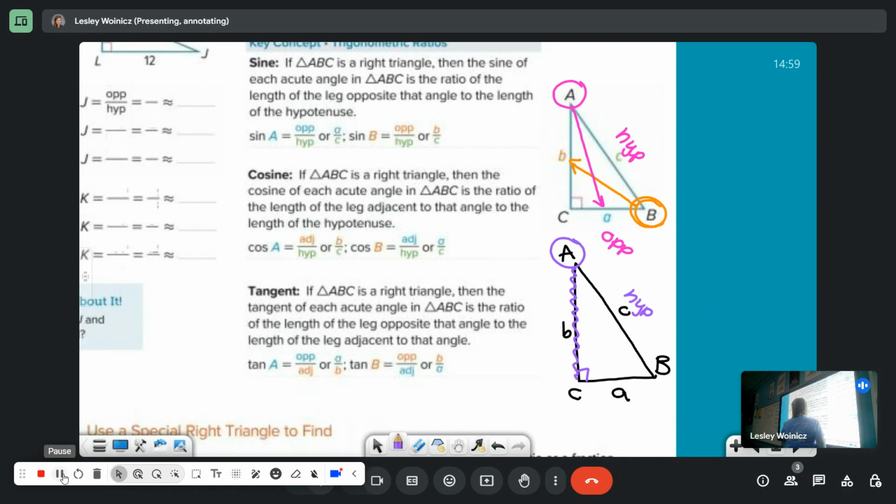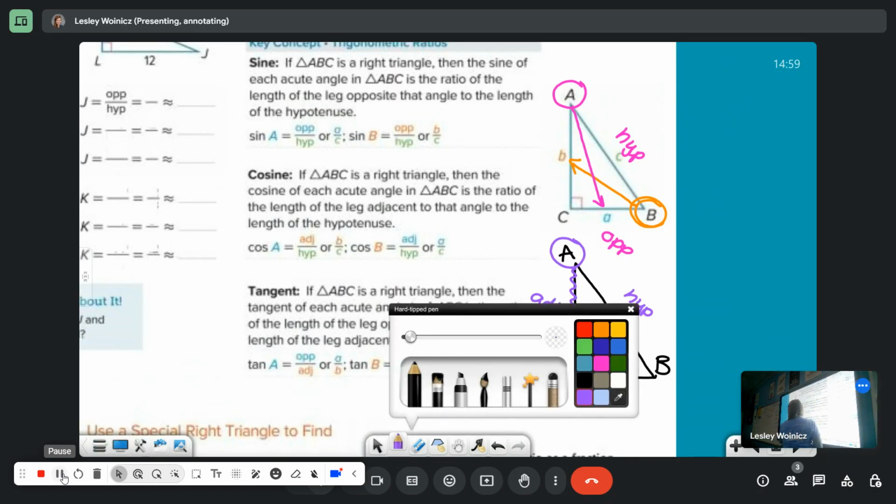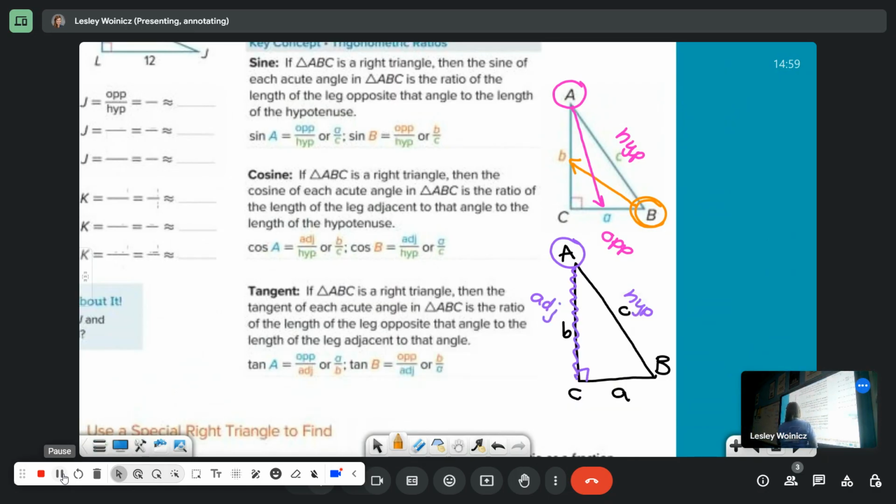So side B is the adjacent side for angle A. So the cosine for A is B over C, adjacent over hypotenuse. Everybody good with that? All right, the cosine for B is little a over C.